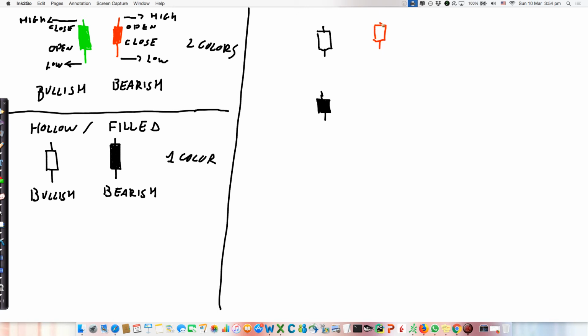So something like that and something like that. So now it may be a little confusing. What is the meaning of this? So again, here we have in the row, hollow and filled, right?